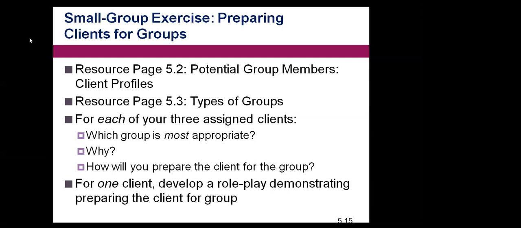We're going to divide you again into groups, and for each group we have about 3 clients that will be assigned to them, and then you will look at the assignment and decide which group is most appropriate for them and why, and how you will prepare the client for the group. For one client, develop a role play. We will not do the role play because of the medium in which we are doing this exercise, but you will get them later.